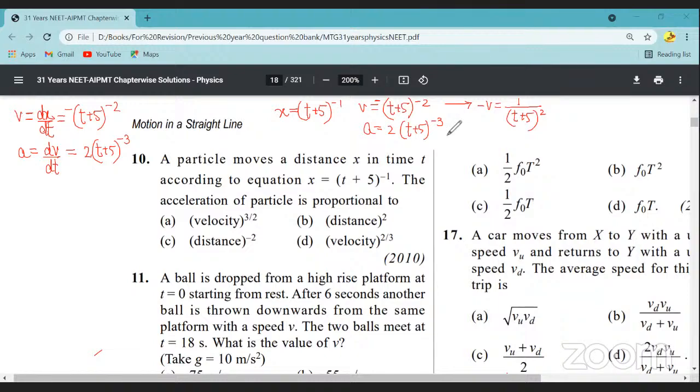Okay, and here acceleration is, let me solve here, 2 divided by t plus 5 to the power minus 3. Oh sorry, plus 3. If it goes down then it will be plus 3.